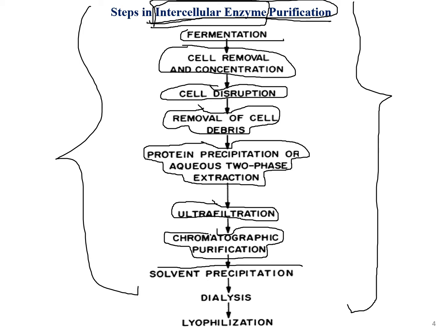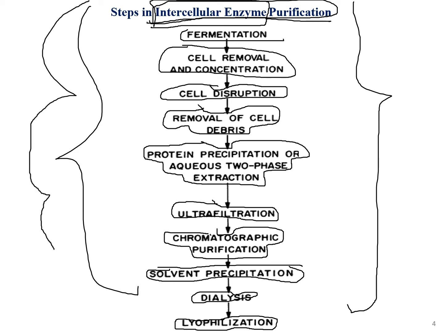Solvent precipitation is very important at the end, and after solvent precipitation we follow the step of dialysis, and through that we undergo the step of lyophilization to get the desired product. So this is a huge process, as you can see. For intracellular enzyme purification, it is more or less the same for extracellular enzymes as well.